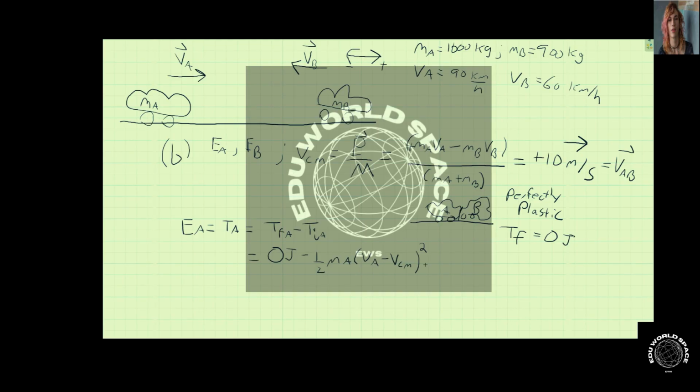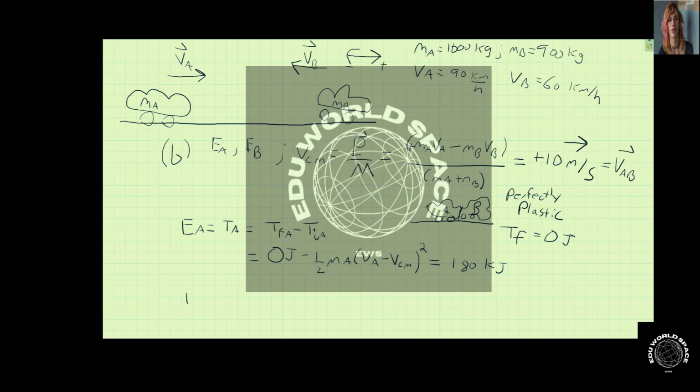We plug in all of our values. Remember to convert VA into meters per second. Plug in 10 meters a second for the velocity of the center of mass. Plug in 1,600 kilograms for the mass of car A, and we end up getting a value of 180 kilojoules for how much energy is absorbed from the impact by car A.